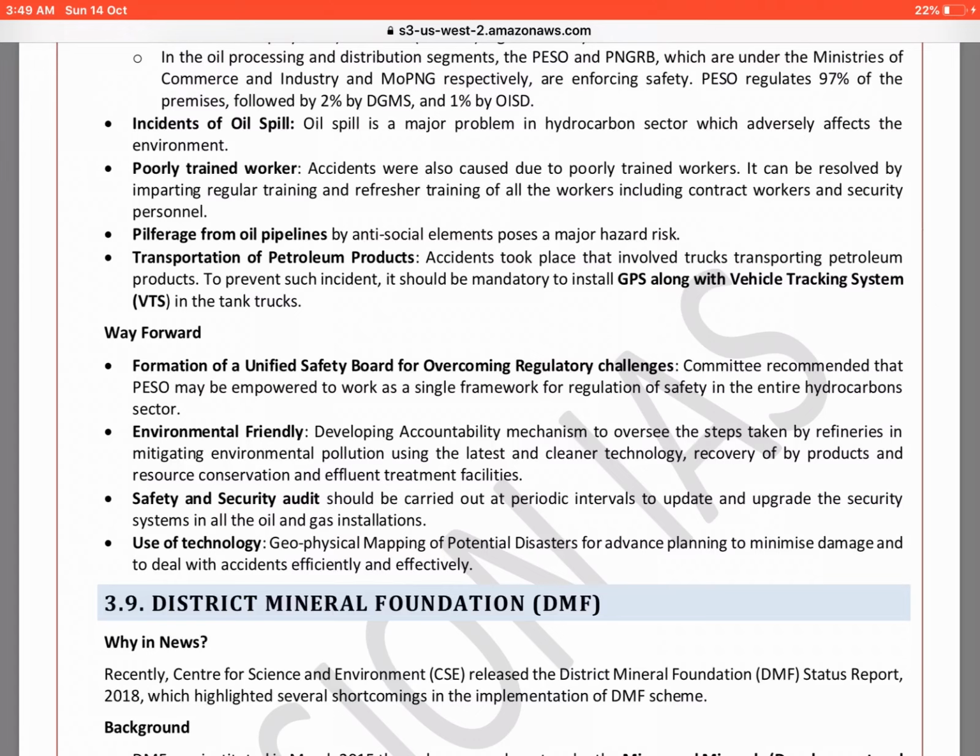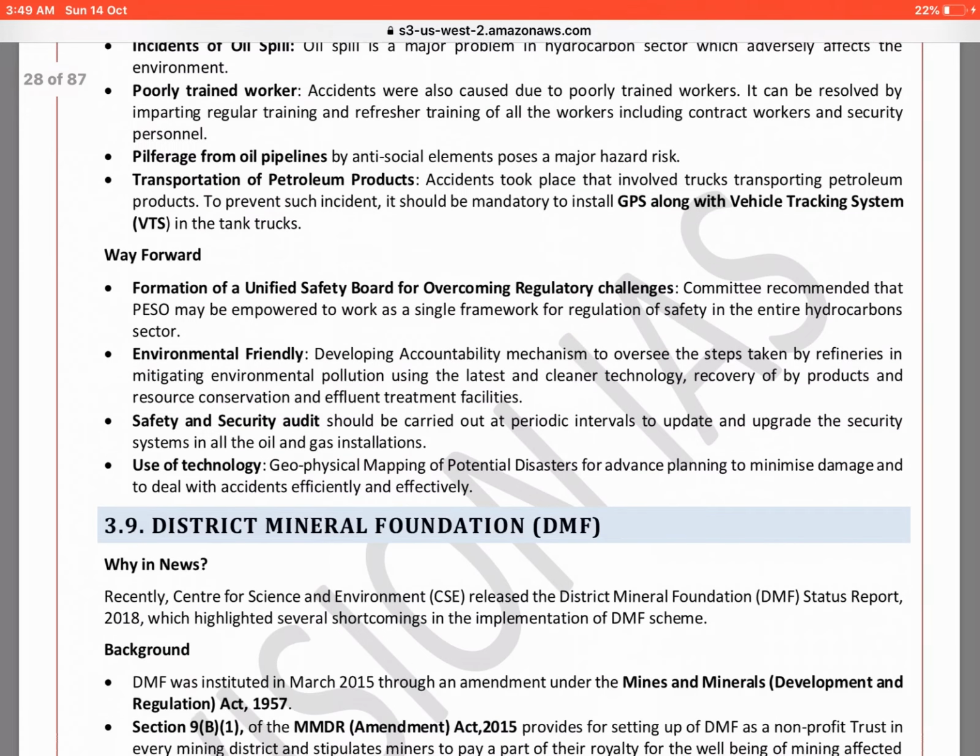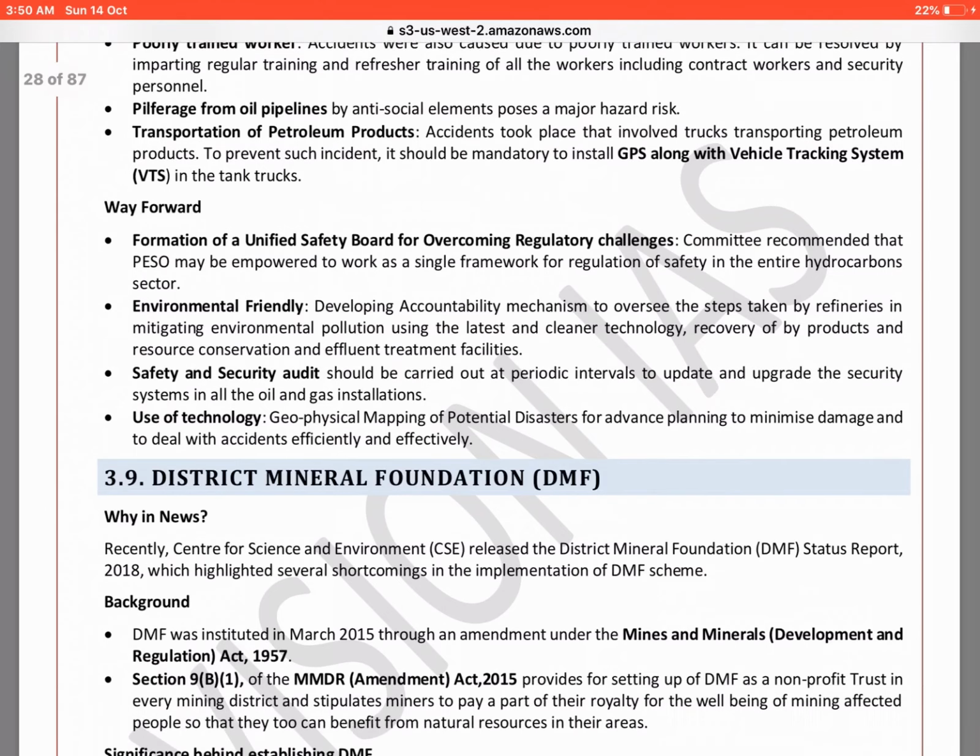For transportation of petroleum products, they are asking for installation of GPS in every truck so that they can monitor the path where the trucks are going. GPS also tells you which road should be taken for safe movement of vehicles without traffic. So GPS should be installed.